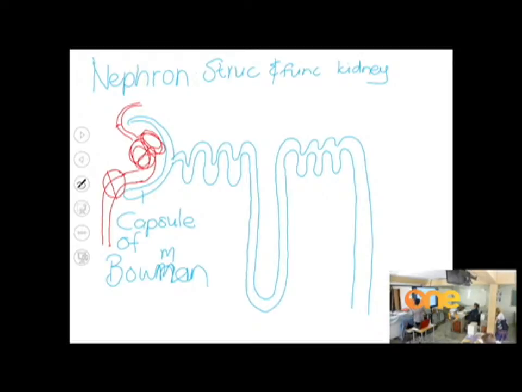The moment when you saw that I'm drawing this, what did you think? Increasing surface area. Do you agree? When blood is coming in here, and it's moving from a wide vessel, arteriole, into a very thin space, can you think that there must be higher pressure inside?